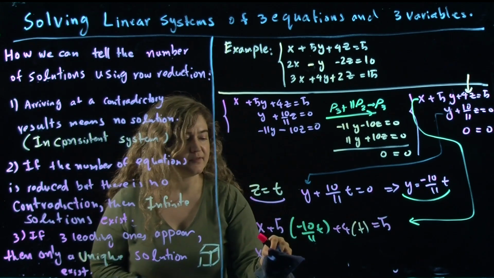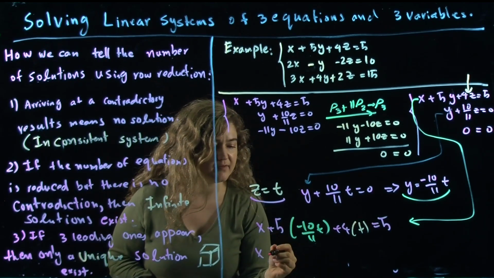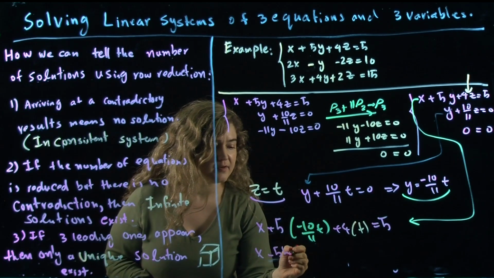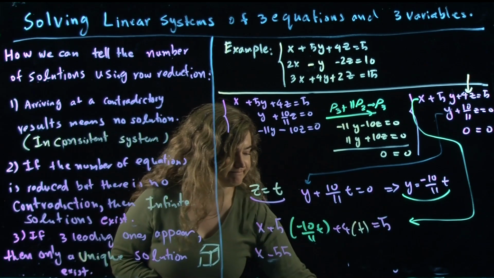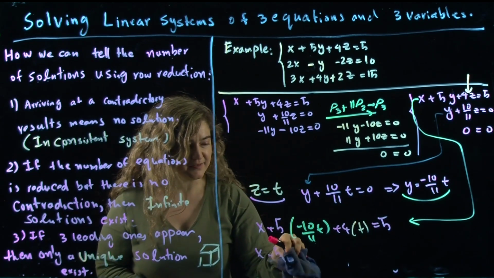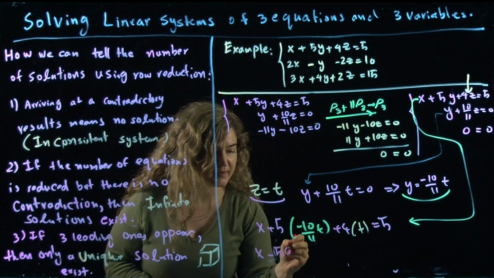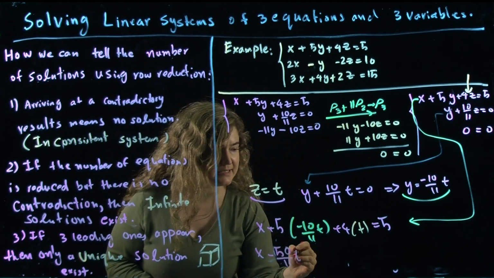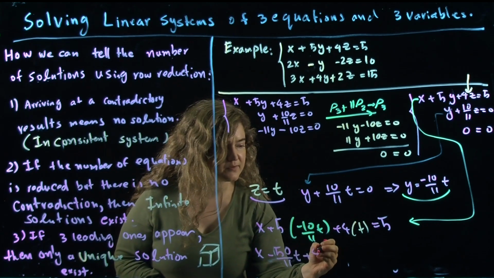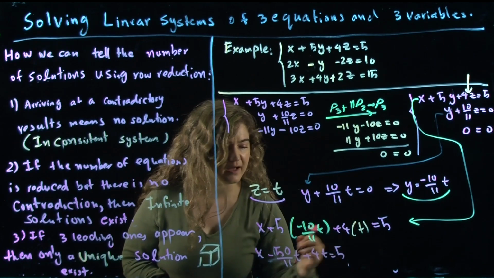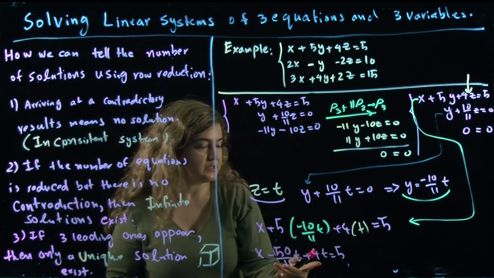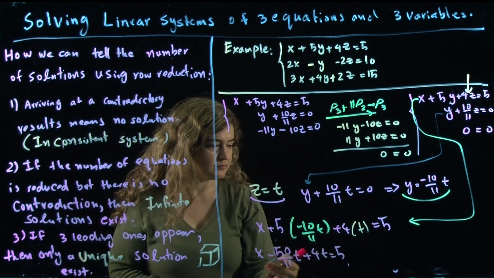So it's x plus, 5 times negative 10/11 is negative 50 over 11 t plus 4t equal to 5. Put these two terms together.